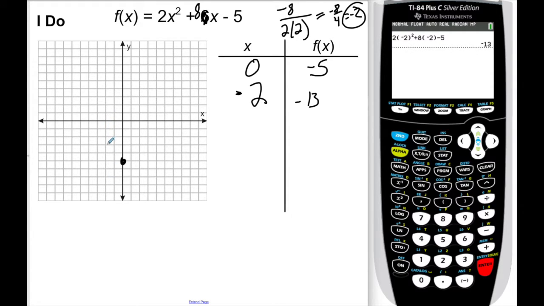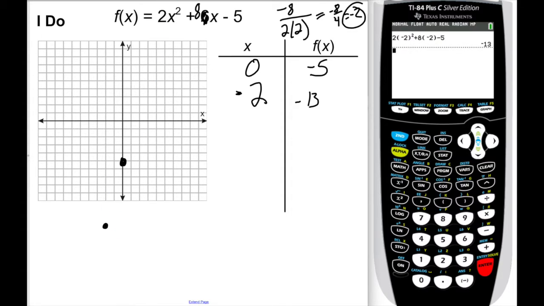So based on this, I have this beautiful symmetry again. I know there's an invisible line that cuts through here.